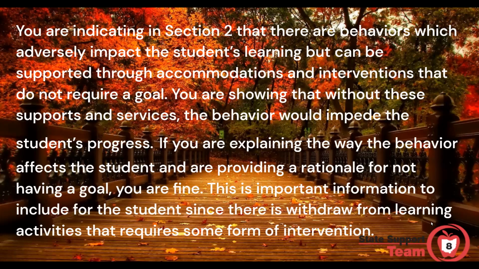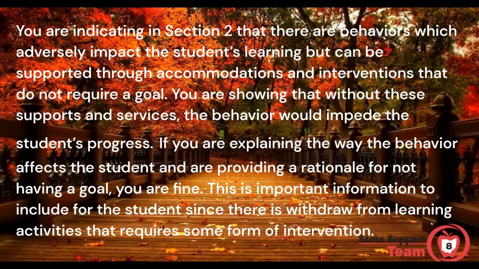But what this question was, if you've got a student who withdraws and shuts down, and they're not throwing chairs in the room, not flinging things on the floor, or being physical in any way. It's more an internalizing way, where they are withdrawing from learning activities.